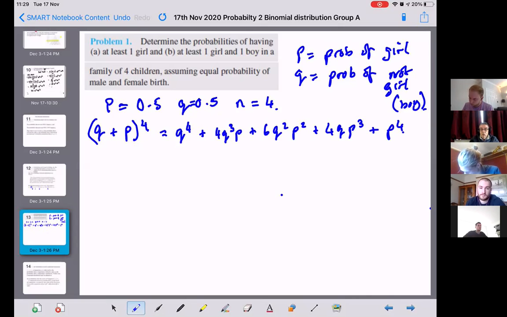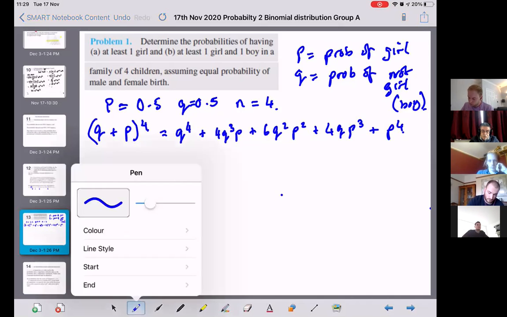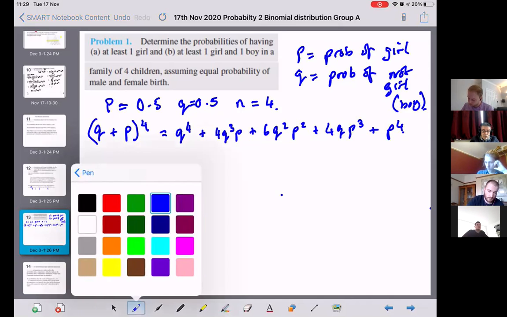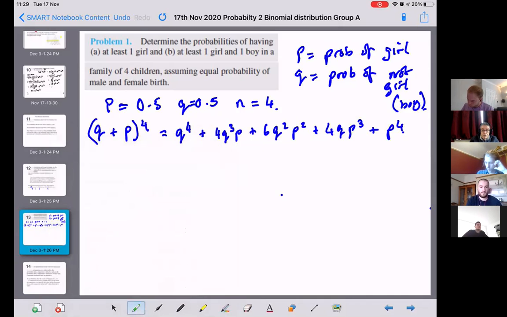Remember, Q is the probability that there aren't any girls. Q is the probability of the child not being a girl. So, on that basis, this one is Q times Q times Q times Q. It's a probability of there being 0 girls.